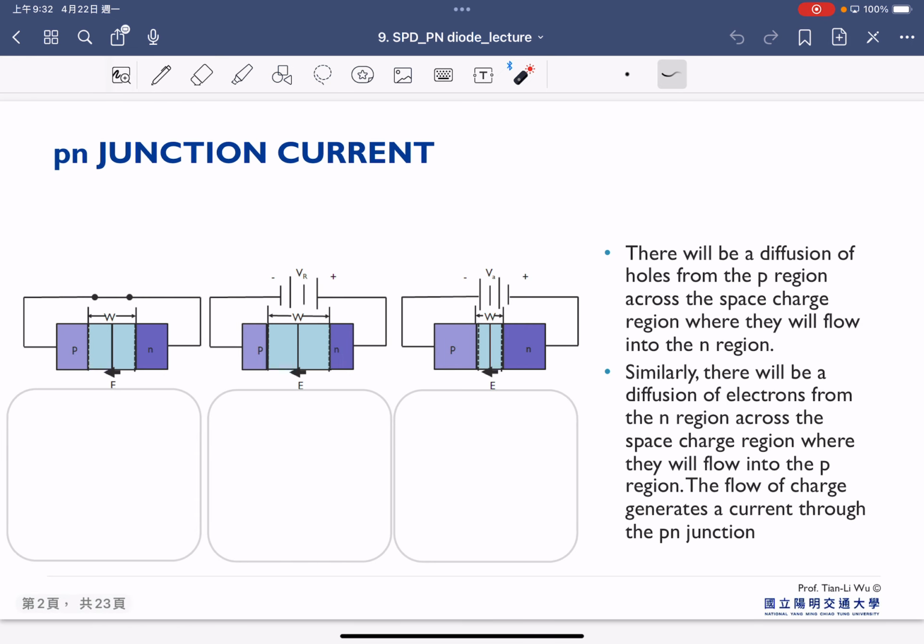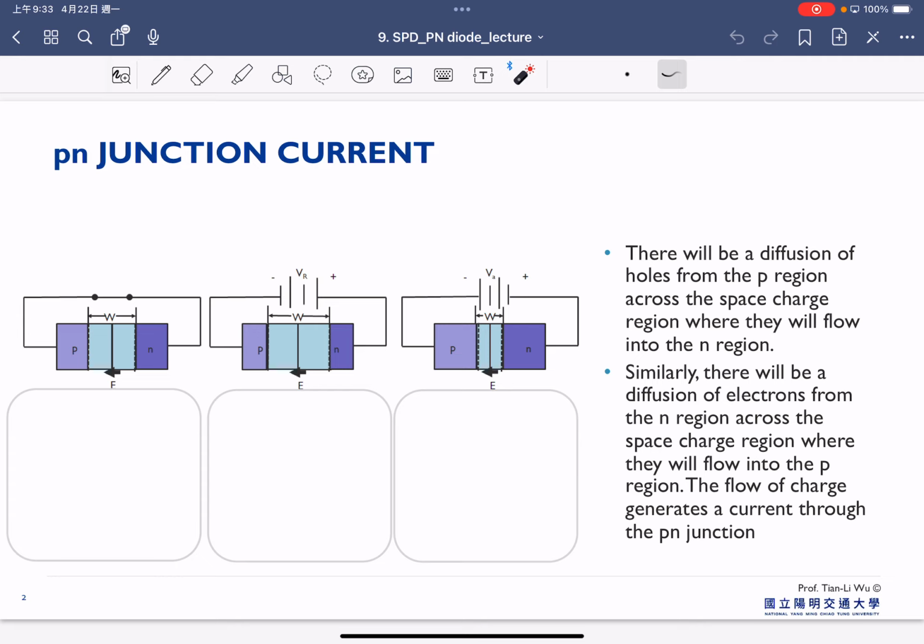First of all, we will be interested in understanding the current flowing inside the PN junction. In the operation of the PN diode, we basically have three different cases.